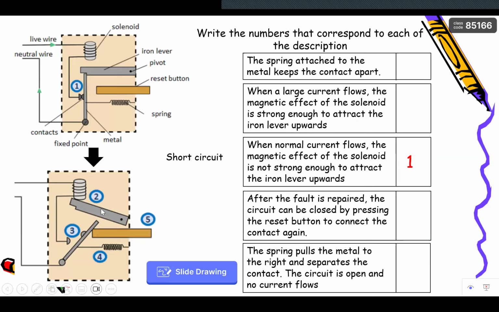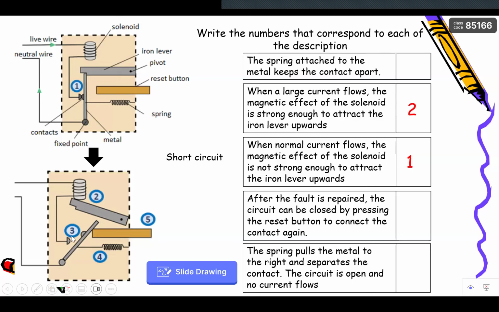But in the second picture, number 2, the iron lever is attracted up. When a large current flows through it, the solenoid will be strongly magnetized, and because it's such a strong electromagnet, it is able to attract the iron lever upwards.